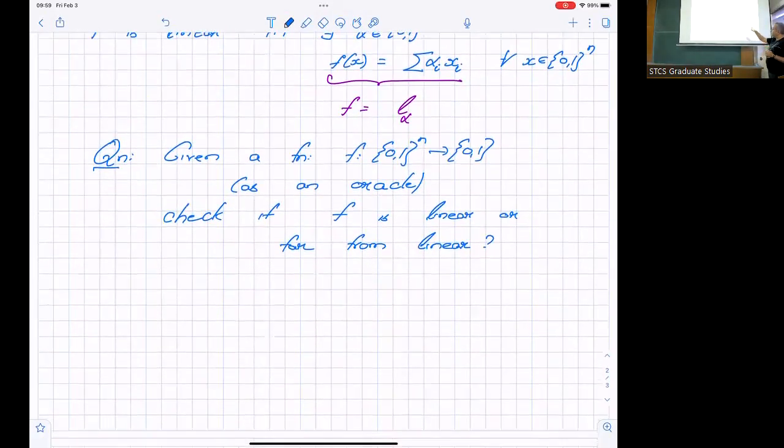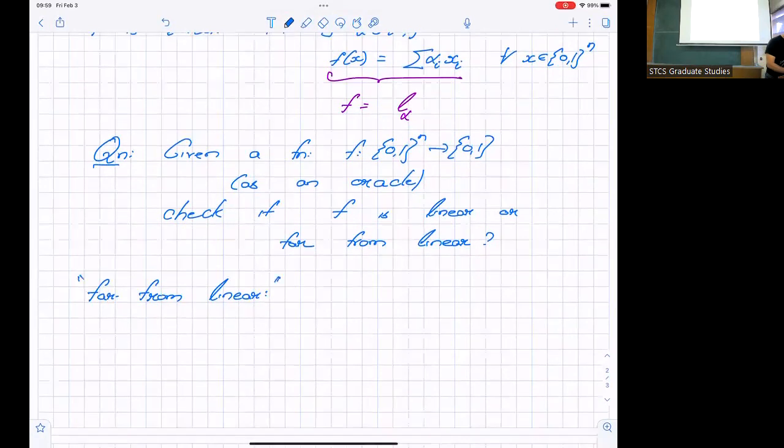Okay, so now we have a very specific problem at hand. I have to define what far from linear means. I'm going to define it by delta f.